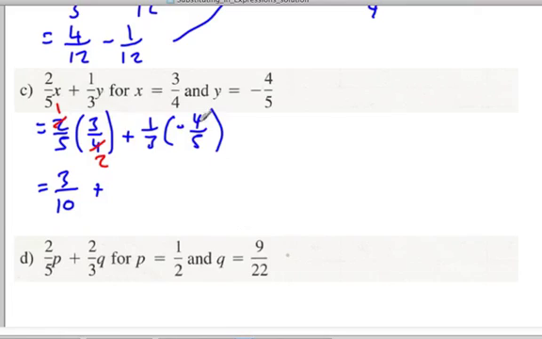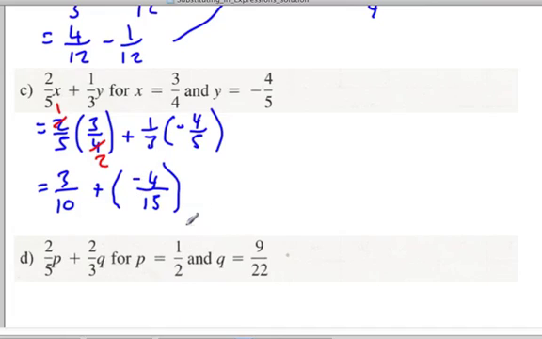and we can't simplify anywhere here. So this is going to be, and I'm going to put in brackets because this is a positive times a negative, so this is negative. And 1 times 4 is 4, and 3 times 5 is 15. So now we can consider this as having the 4 being negative when we do this question.